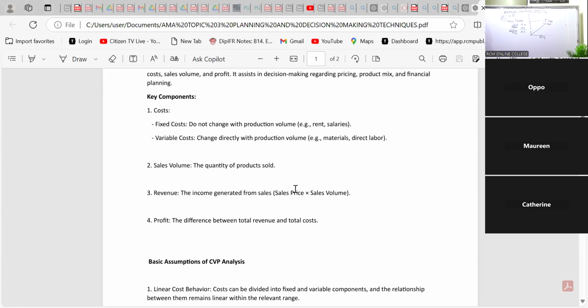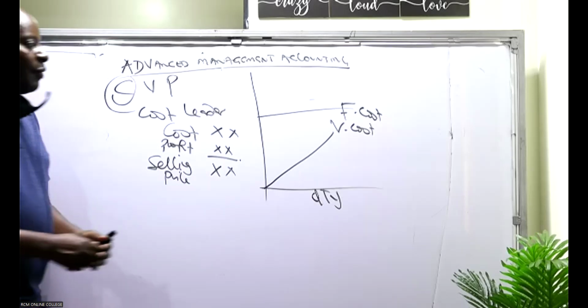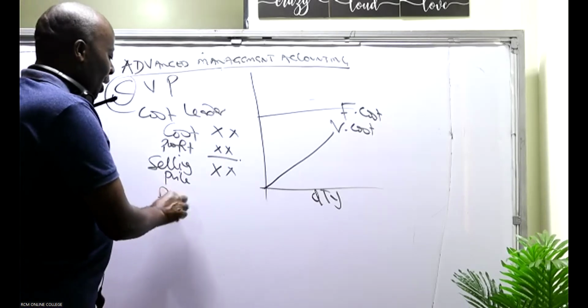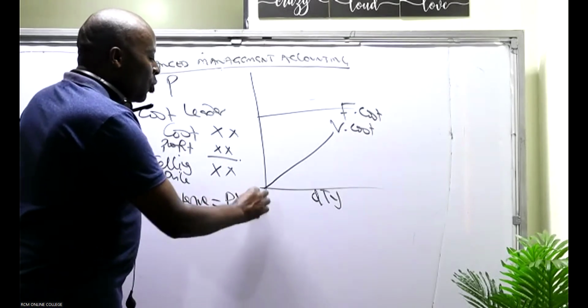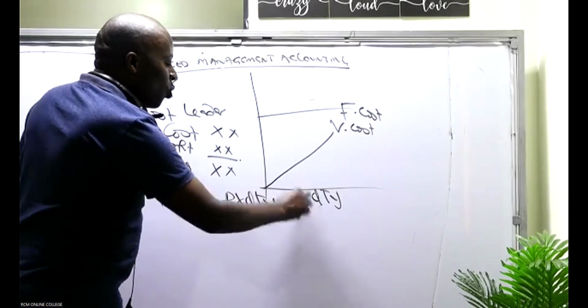And we shall be seeing, ladies and gentlemen, every time we talk about revenue, something very important: anytime they want us to give them revenue, it will always be equal to price times quantity sold.